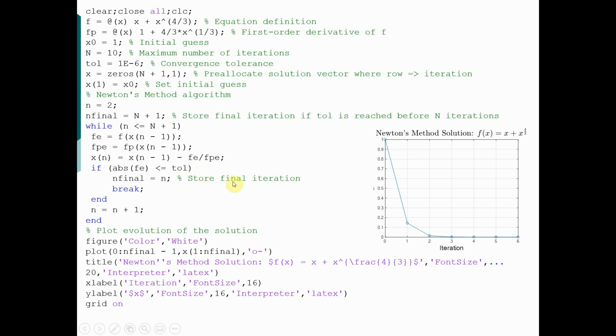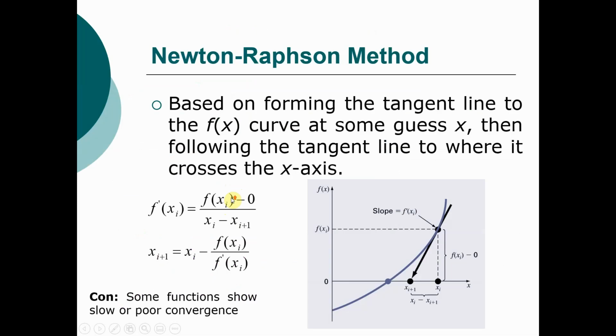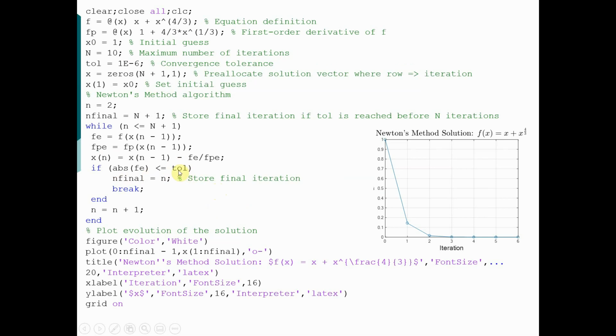And we keep doing this until the value of f of xi at the root is supposed to be 0, but we can keep doing it until it gets smaller than a certain tolerance value or threshold value. So here our convergence tolerance is 10 to the power negative 6.